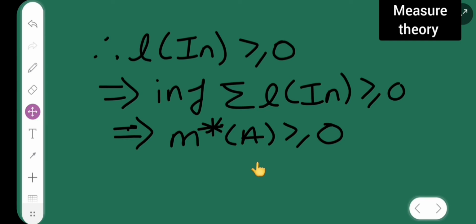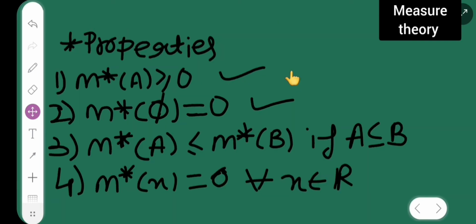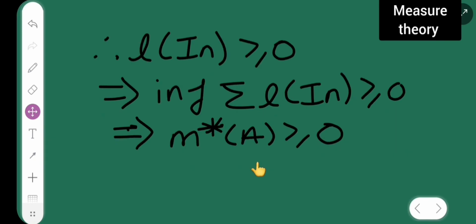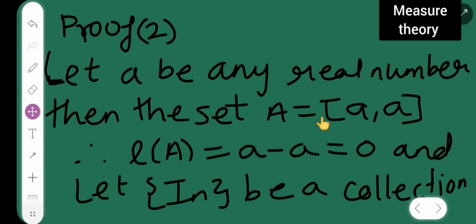Now we will be proving the second one, that the outer measure of an empty set is equal to 0. Let us start with the proof. Let a be any real number, then the set A is equal to the interval a, a.